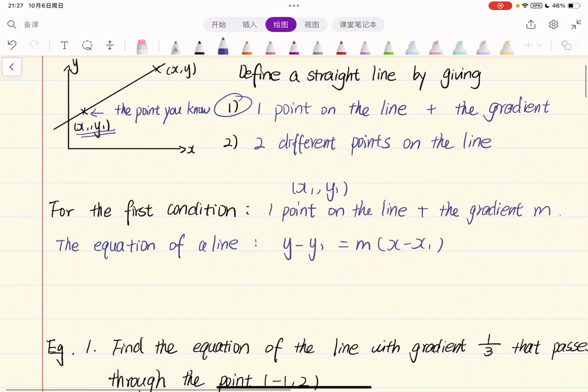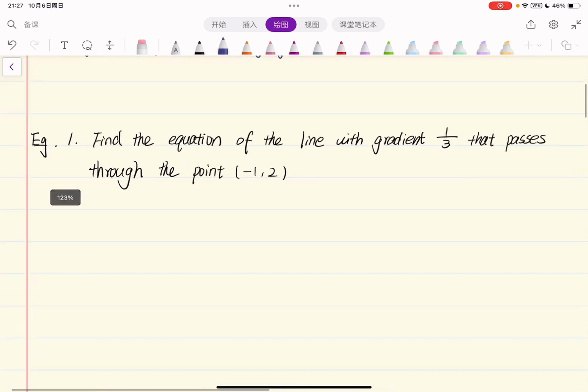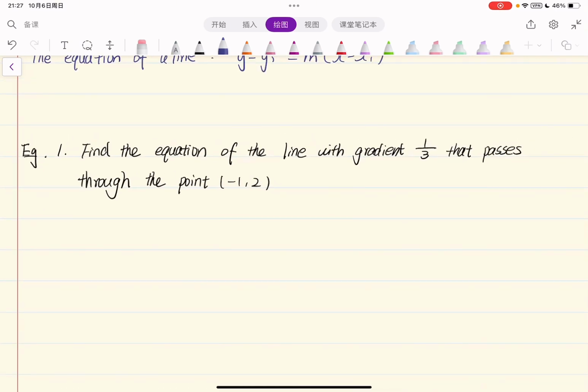Now let's see an example question. The question says to find the equation of the line with gradient 1/3 that passes through the point -1, 2. So this is the condition that you know one point and the gradient. That point is -1, 2, and the gradient m equals 1/3.